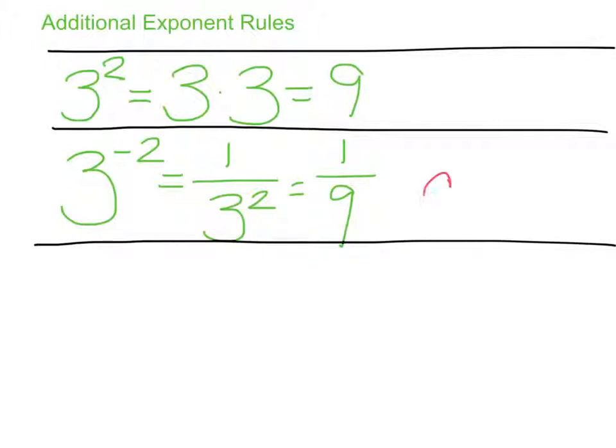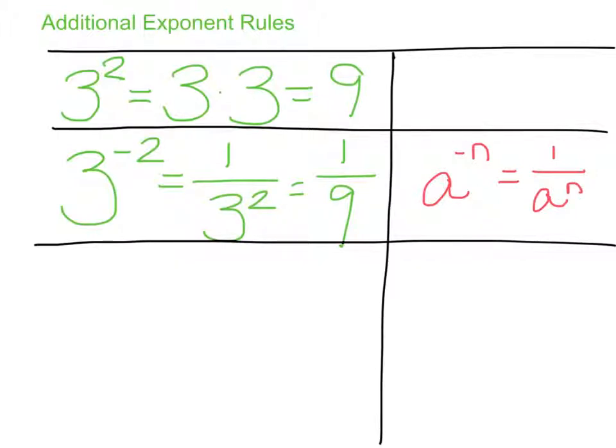So we learned that if you have some constant raised to the negative n, you can write that as 1 over that constant to the positive n. Okay, so we have that. We also learned that there is a relationship between radicals and fractional exponents. For example, if I have 16 to the 1/4, that's the same as the 4th root of 16.